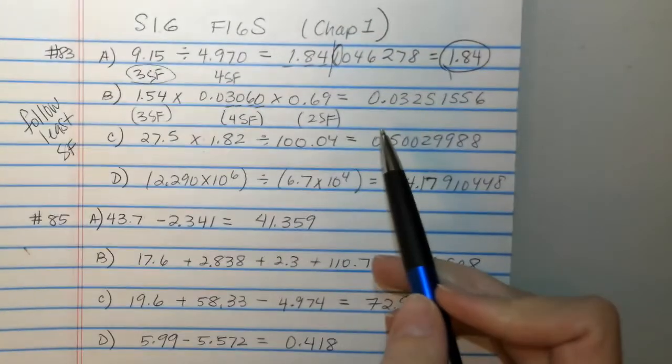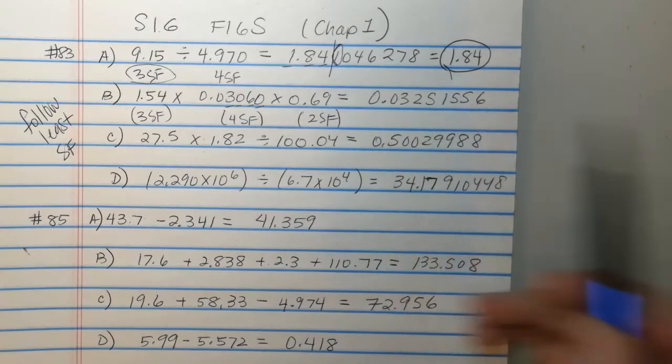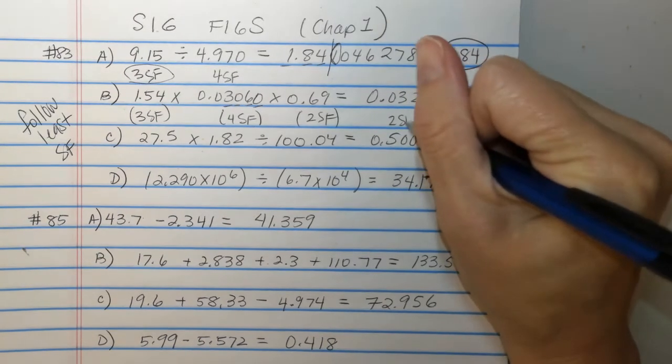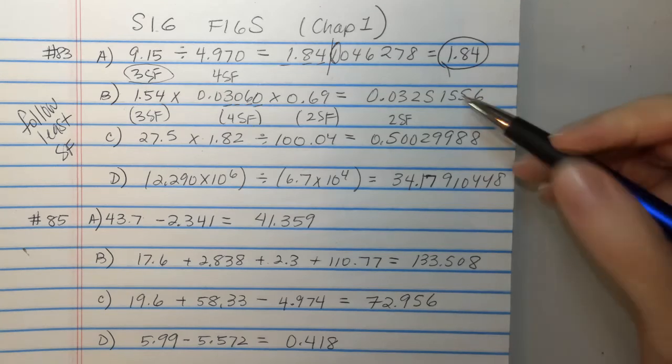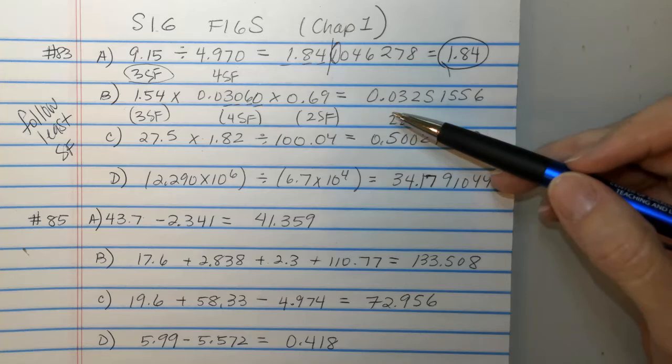So 4 significant figures. And then we're multiplying that by 0.69, which only has 2 significant figures. The answer on the calculator I get is 0.032515556, and we're going to go with only 2 significant figures because that was our least precise measurement, the 0.69. Again, remember that the zeros in front are for placeholders, for magnitude only.